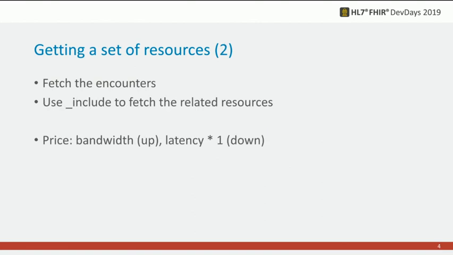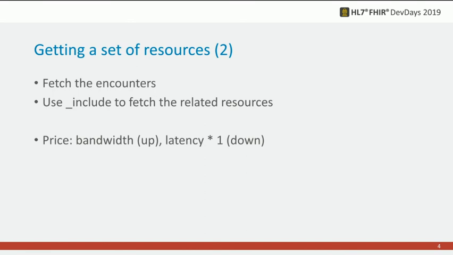Alternatively, you could fetch the encounters and ask the server to include in each set of encounters the relevant resources that you need. That's a facility we included for this use case very early in the FHIR lifecycle. You can say to the server, send me the encounter and all the related patients and practitioners and locations and so forth.